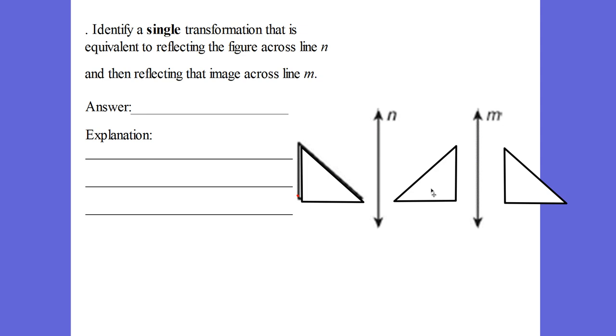Now, what is the same as reflecting across parallel lines? Translation. It's a translation. It's a slide, right? That is my translation, so I'm going to write that for my answer.